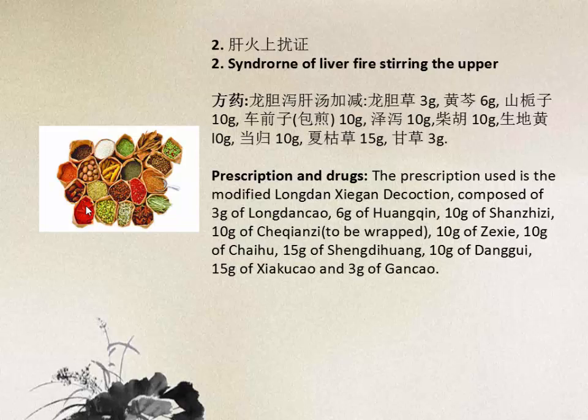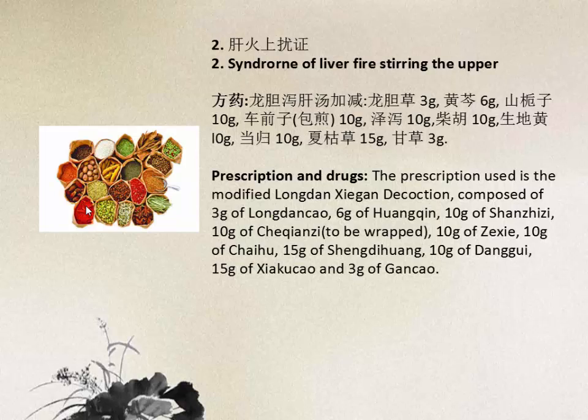All right. Long Dan Cao and Huang Qin both drain excess heat from the liver. They're cold herbs, they drain downward. Shan Zhizi clears heat from the entire interior. Che Qianzi also clears heat. Zexie drains down through the urine.